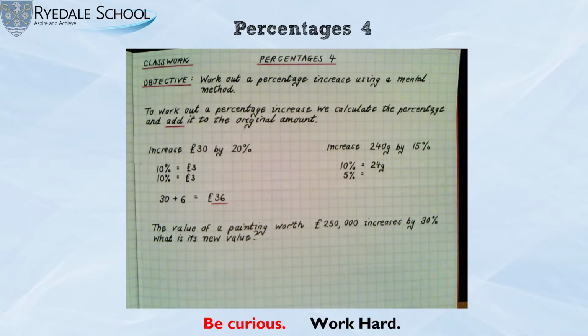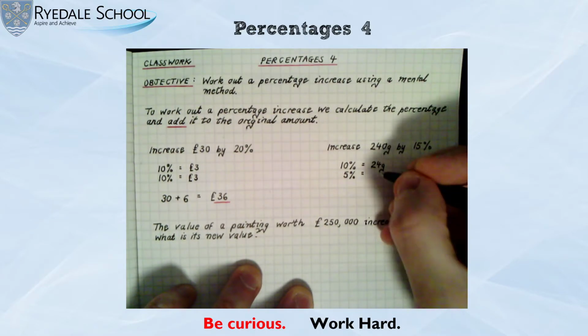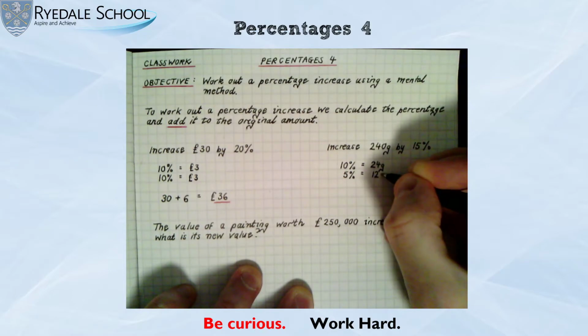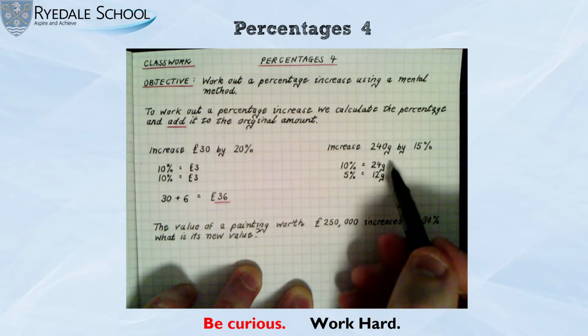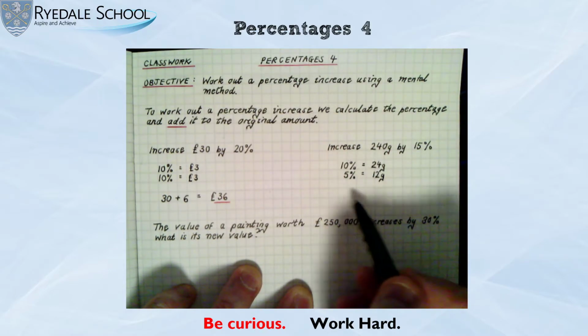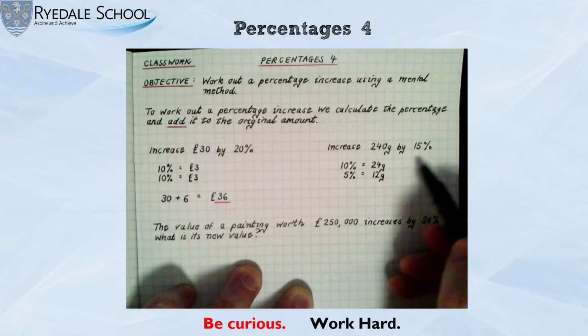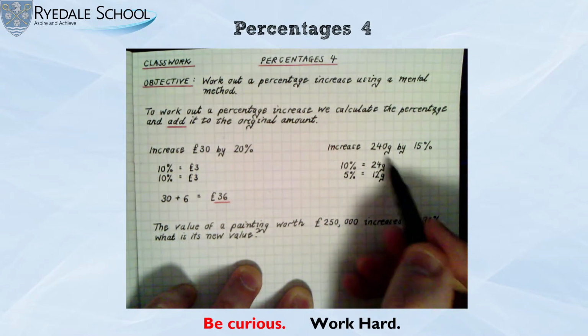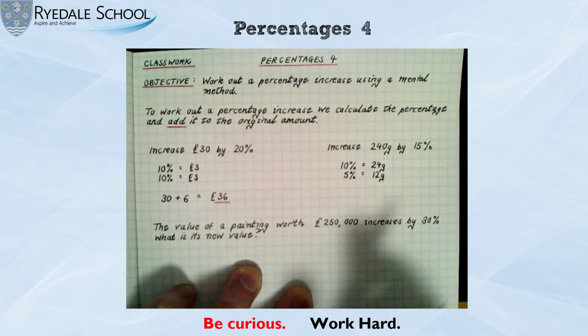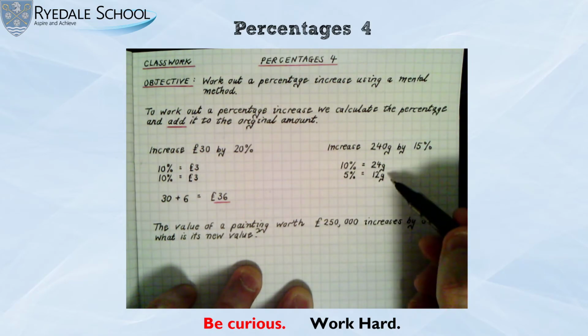Can you now use that answer to work out my 5%? Because remember, 5% is half of 10%, and half of 24 is 12. So altogether now I can see my 15%, and if you need to do some extra working out at the side, fine. My 15% is 36 grams, those two bits added together.